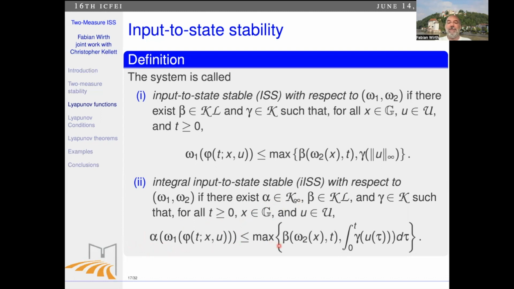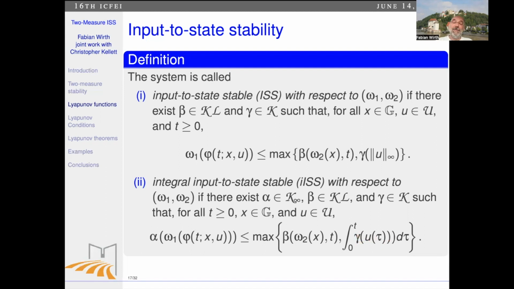And on the right, we have the maximum of this decaying term in terms of the omega-2 measurement of the initial condition, and then the maximum and a rescaled size of the input. I forgot the norm here, so it should be gamma of the norm of u of tau here.